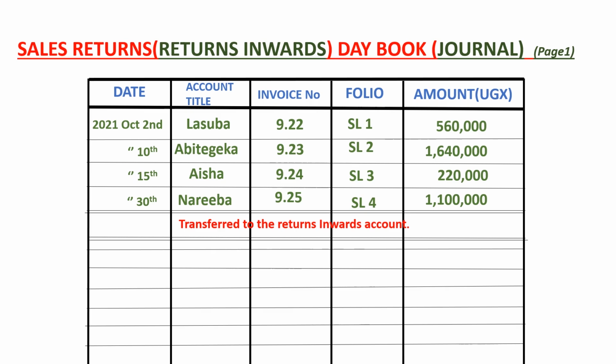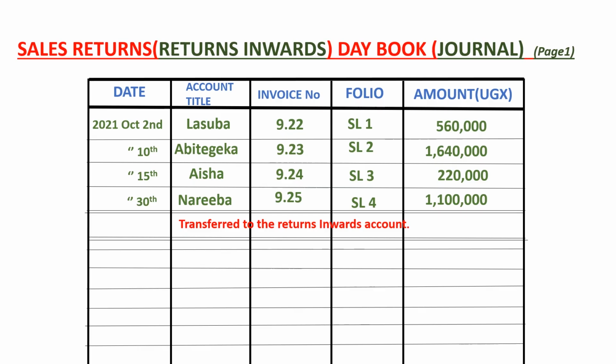We find the sales returns account or the returns inwards account in the general ledger. And it is on this general ledger we post the total of these returns inwards and put it on the debit side of the returns inwards account in the general ledger.